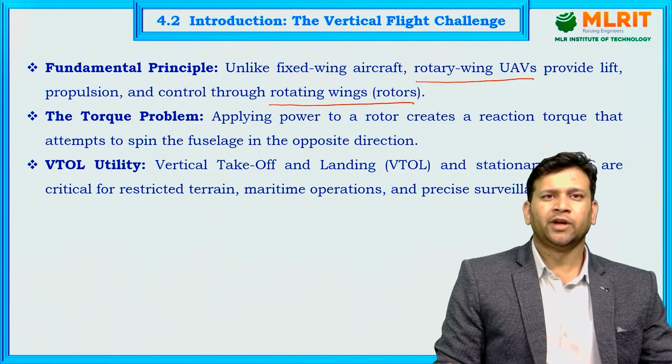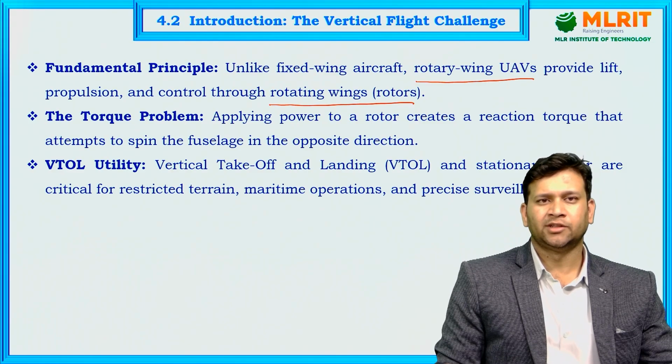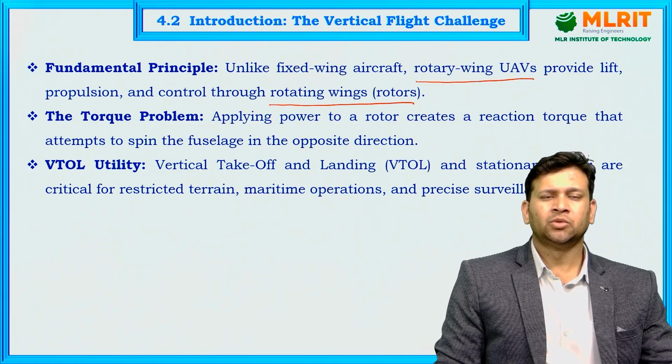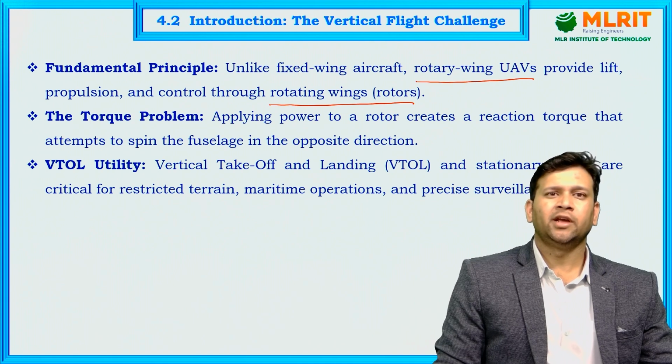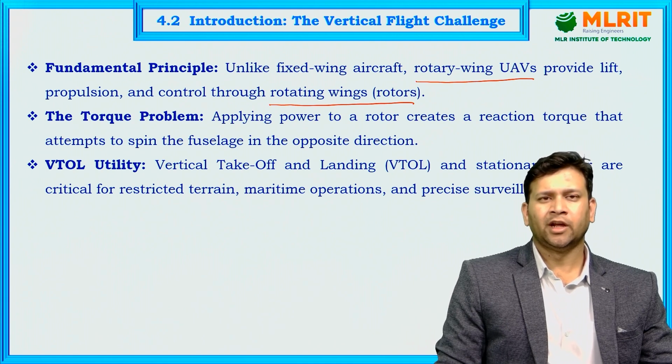If it is rotating in the clockwise direction, it will create a torque in the opposite direction and vice versa. So, in order to control the torque and stabilize the rotary wing aircraft or unmanned aerial vehicle, we have to generate a counter torque.